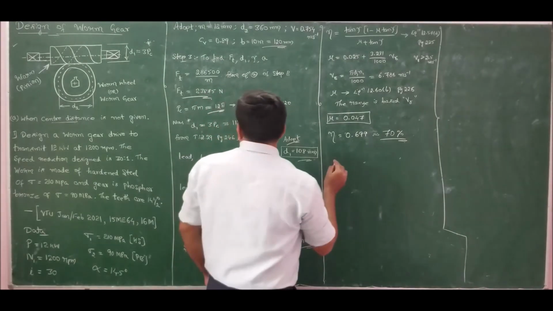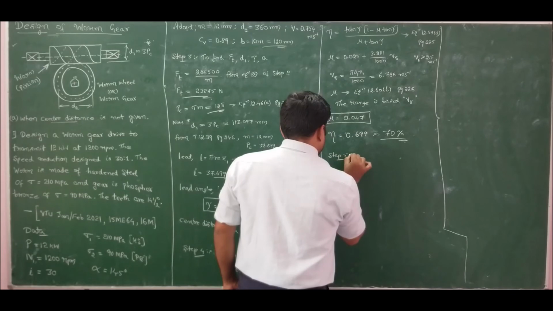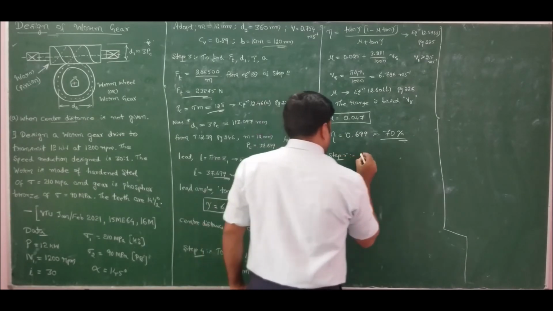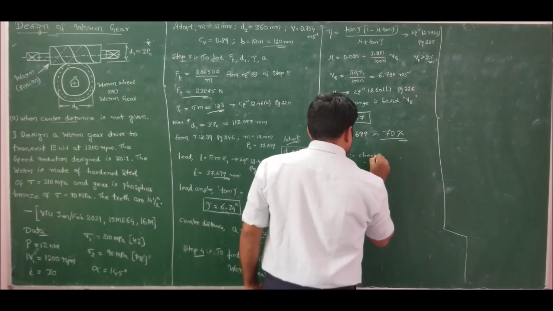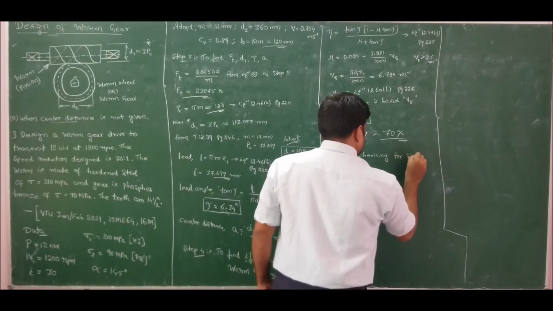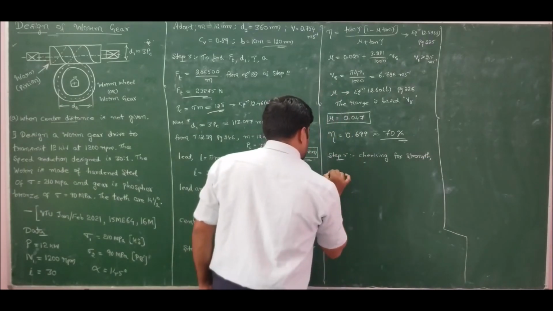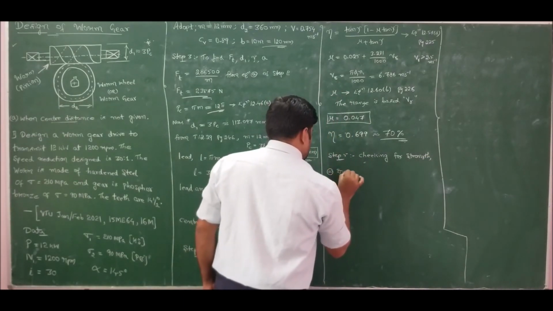Next, moving to step number 5. Step number 5 is checking for strength. You have to check for strength. First, determine dynamic load.